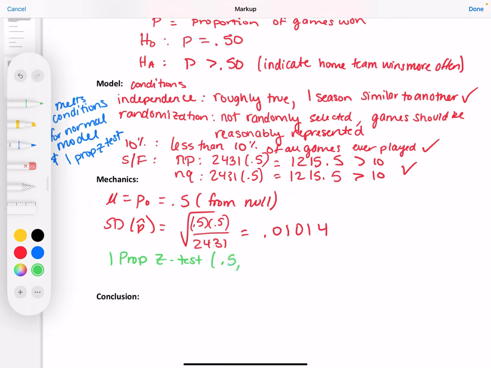Then it'll be the 0.5426 times 2431, which you can either multiply ahead of time or you can just type it in like this and it should change it. Then 2,431, and then we're looking for greater than P0. So that's just a select from the options.